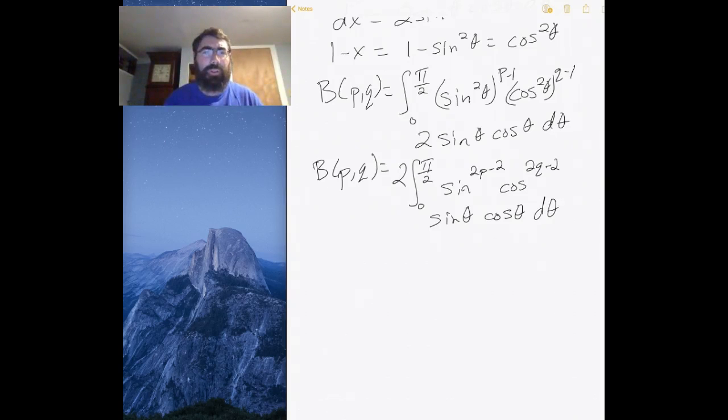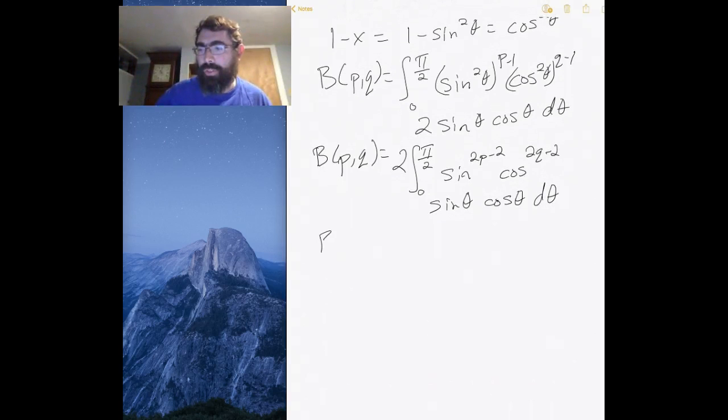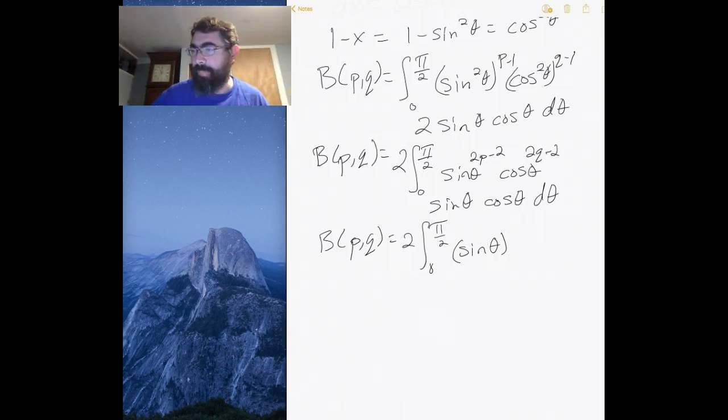Okay, so you may see where I'm going with this. I can now bring the sine theta and the cosine theta into it and adjust those exponents. So I'd have 2 times the integral from 0 to pi over 2 of sine theta, sorry, I forgot the thetas, to the 2p minus 1, cosine theta to the 2q minus 1 d theta.